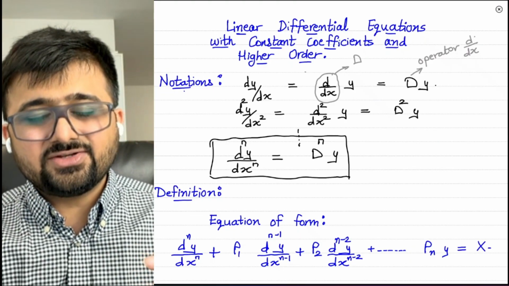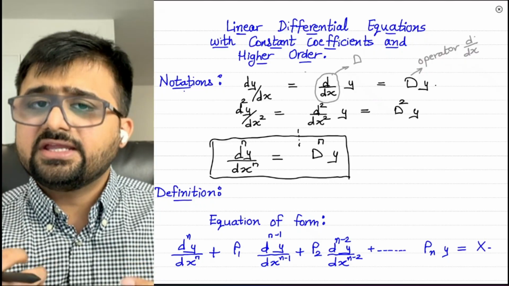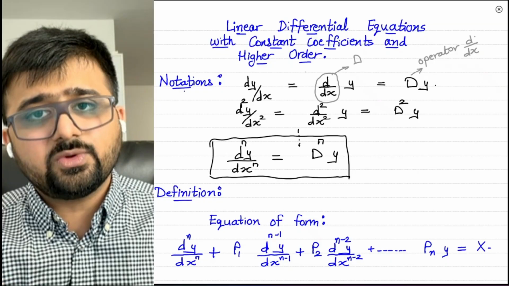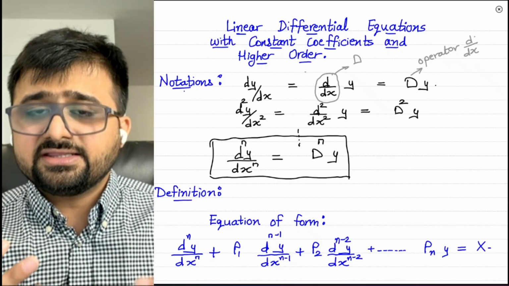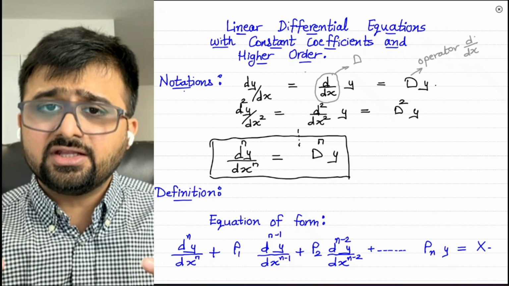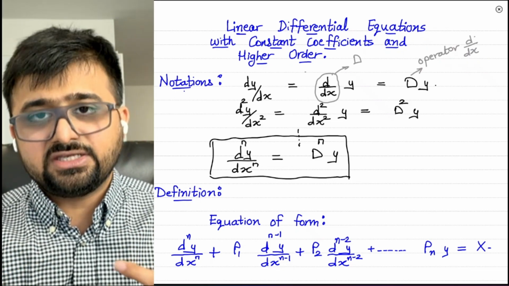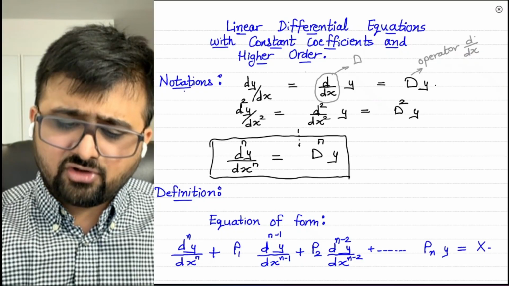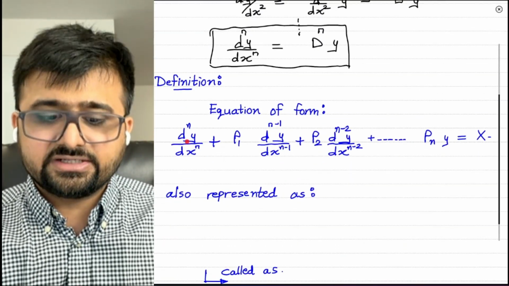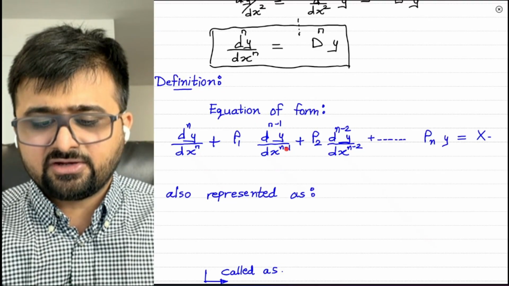Now let us get into the general form of the differential equation that we are going to solve in this chapter. As the name suggests, we are going to solve linear differential equations of higher order. That means we'll have third order derivative, fourth order, even fifth order derivative. In other words, we might have nth order derivative in a differential equation that we need to solve. So the general form of such a differential equation is like you can see here: dny by dx to the power n plus p1 dn minus 1 y by dx to the power n minus 1 and so on.